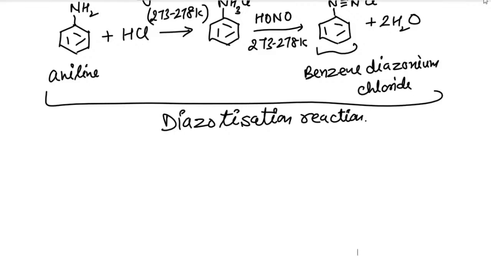So what happens if the temperature is more than 278 Kelvin? Can you tell me? If the temperature is more than 278 Kelvin, then what would happen?